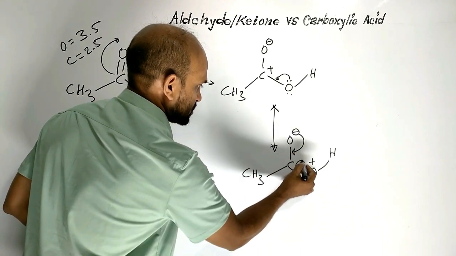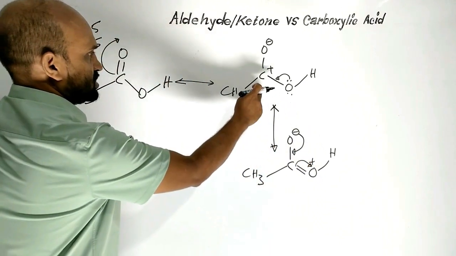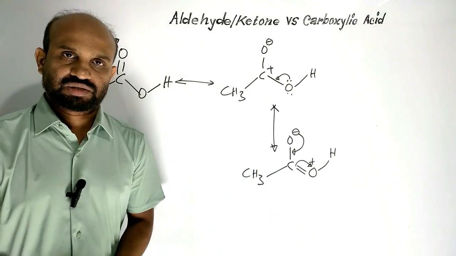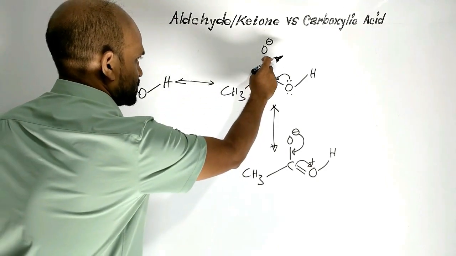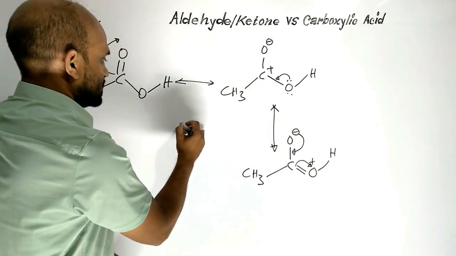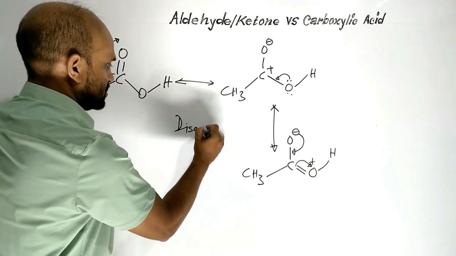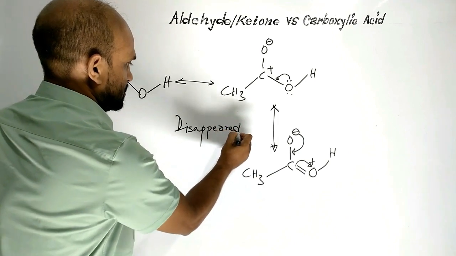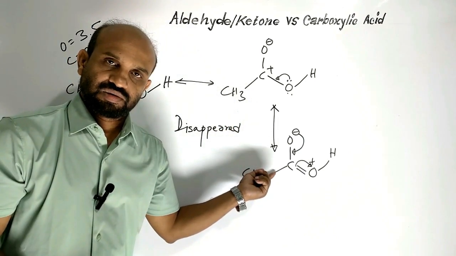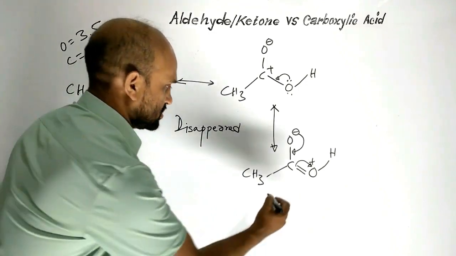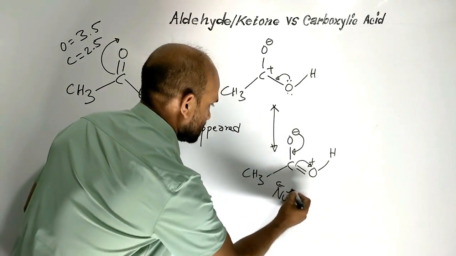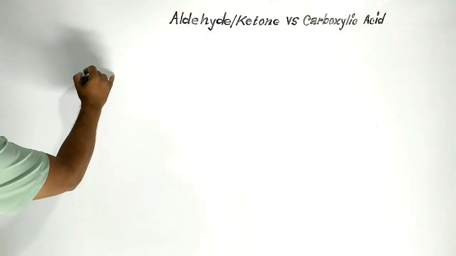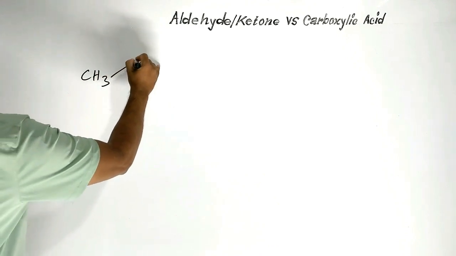This bond pair of electrons turns into a lone pair. That is, this structure is obtained. These are the resonance structures of carboxylic acid. As a result, the positive charge over carbon disappears. Due to this, nucleophile cannot attack this carbonyl carbon.